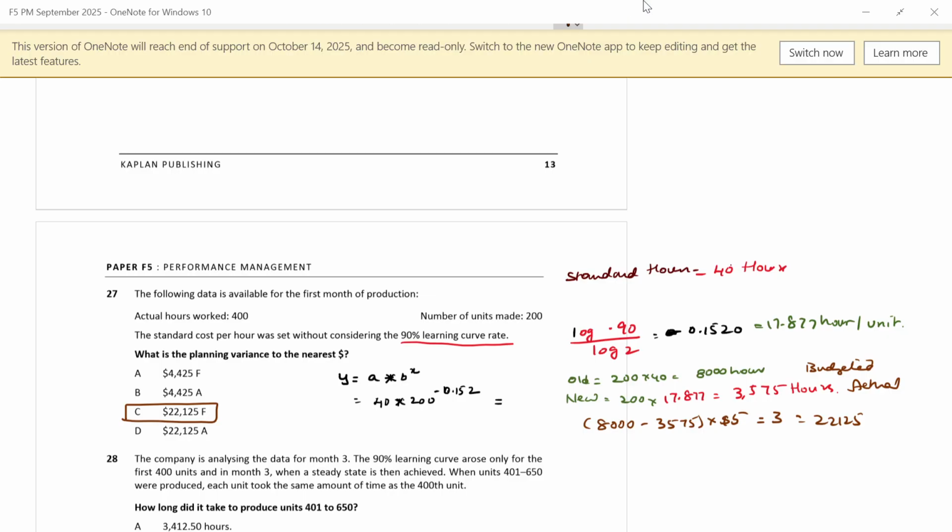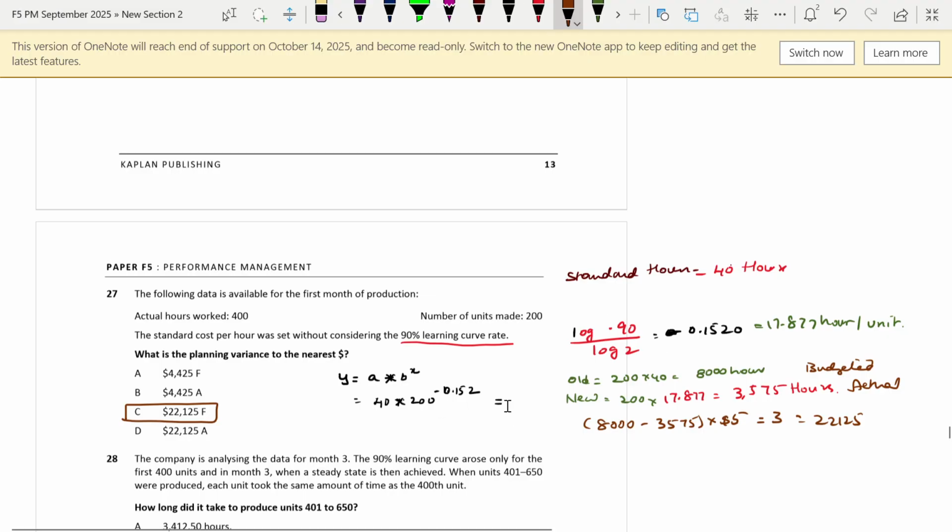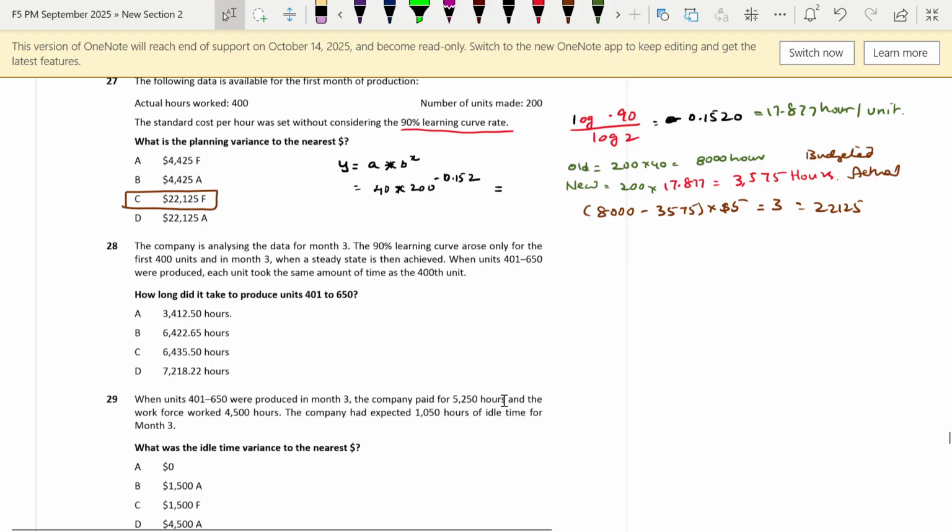Again, learning curve. Good question. Alhamdulillah, we are working the right way. We are working on the difficult questions. They are talking about the 400. Now what you have to do? A more lengthy problem. How much is the learning curve?